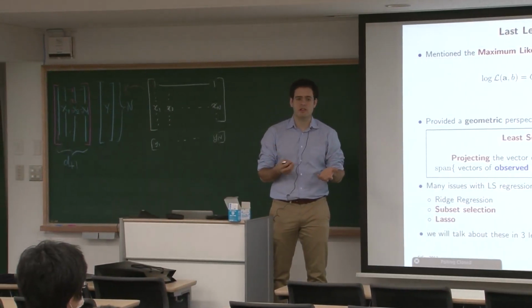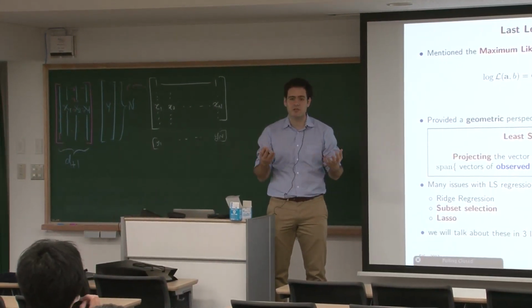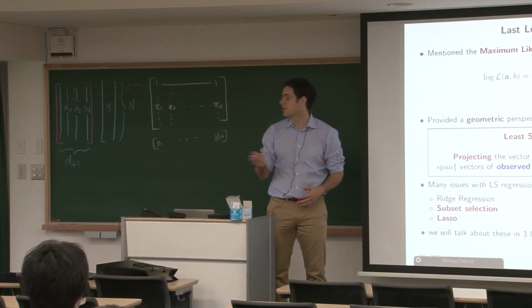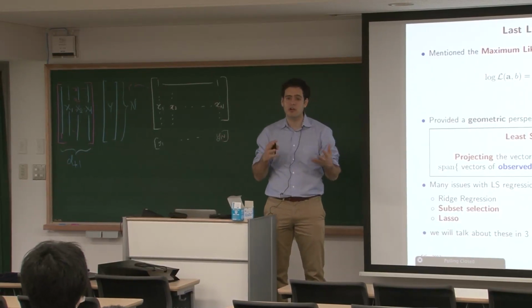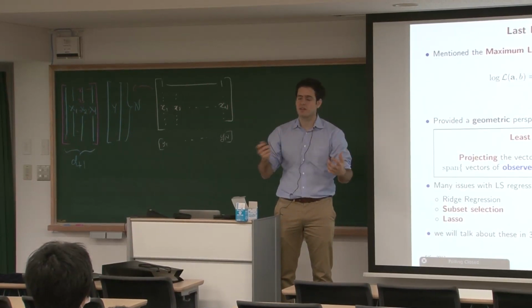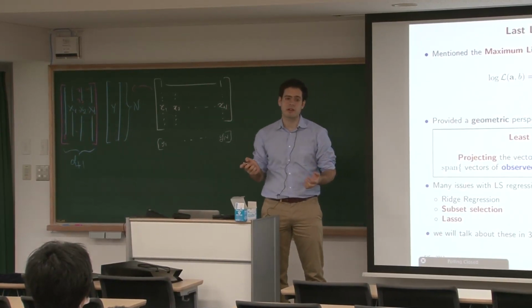Geometrically, it's easy to understand this. We have to project y onto the linear span of those vectors. If you start adding column vectors, even if they're noise, you're increasing the linear span, and so you're decreasing the distance from y to that linear span.